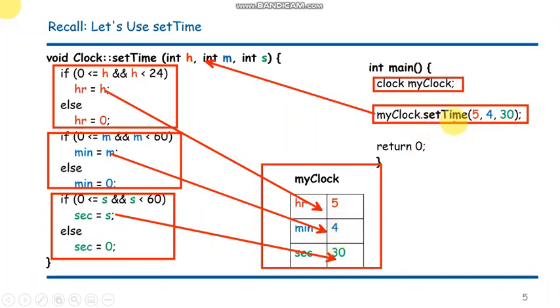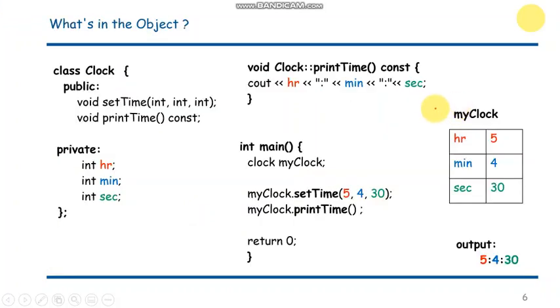And the path that we took was, from the function call, we had to go to setTime. And then from setTime, we had to go to the object. This is the transaction that is happening between these two pieces of code. We have set our object to some values.